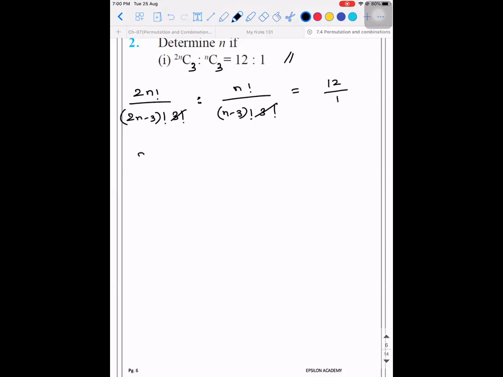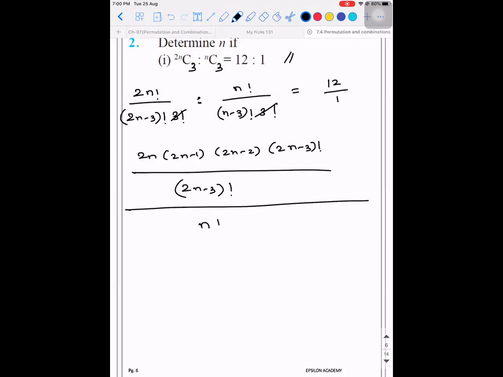Right. So this can be written as 2n into 2n minus 1 into 2n minus 2 into 2n minus 3 factorial, the whole divided by 2n minus 3 factorial, the whole divided by n into n minus 1 into n minus 2 into n minus 3 factorial, the whole divided by n minus 3 factorial. So this and this will get cancelled. So this will be equal to 12 divided by 1.